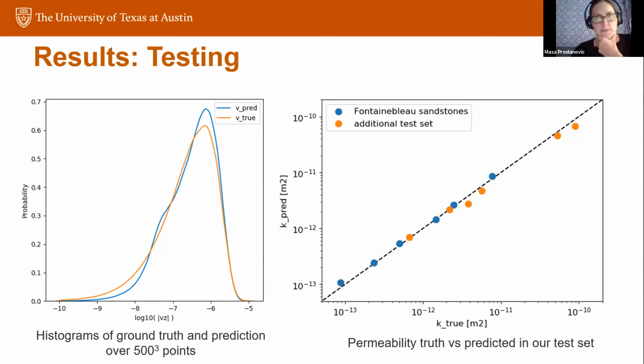In this plot it is also visible that the mismatch is greatest for the smaller velocities, and that's probably because it's a resolution issue, essentially. So that's where the network possibly has not seen enough features for tight spots to learn. But that's not going to affect the permeability calculation all that much. Exactly.